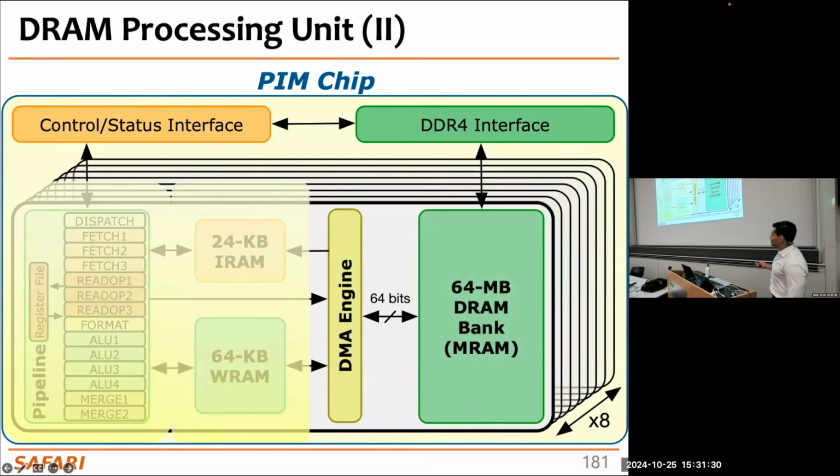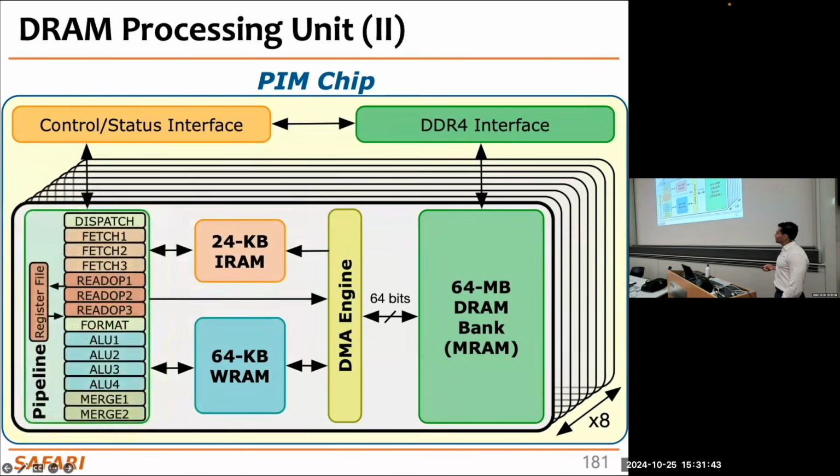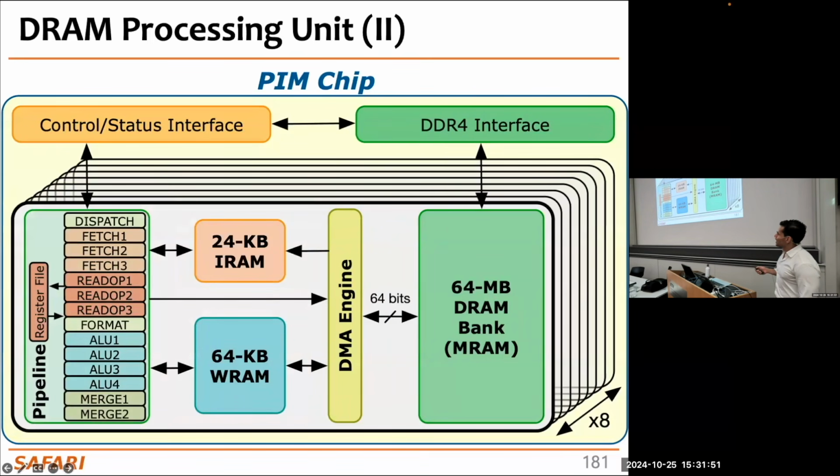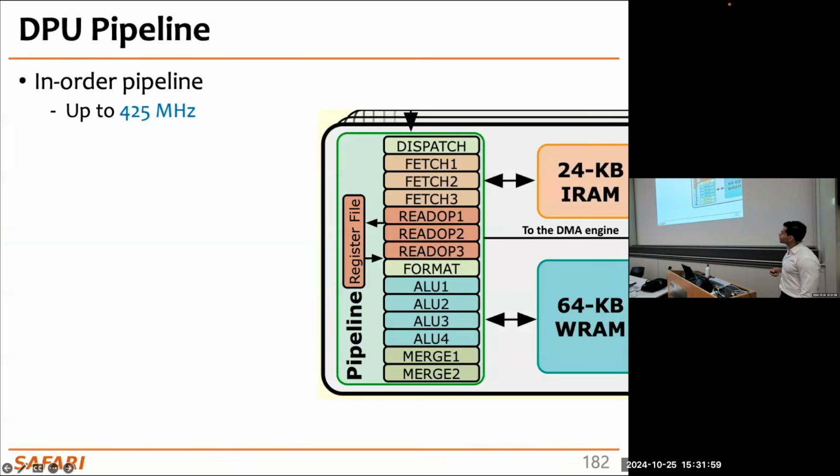There is a DMA engine which allows the pipeline to move data between the DRAM bank and the scratchpad memory. Then we have the 64 kilobyte working RAM, the scratchpad memory that the pipeline is going to read, the 24 kilobyte instruction RAM, and the 14-stage in-order multi-threaded pipeline inside the single DPU.